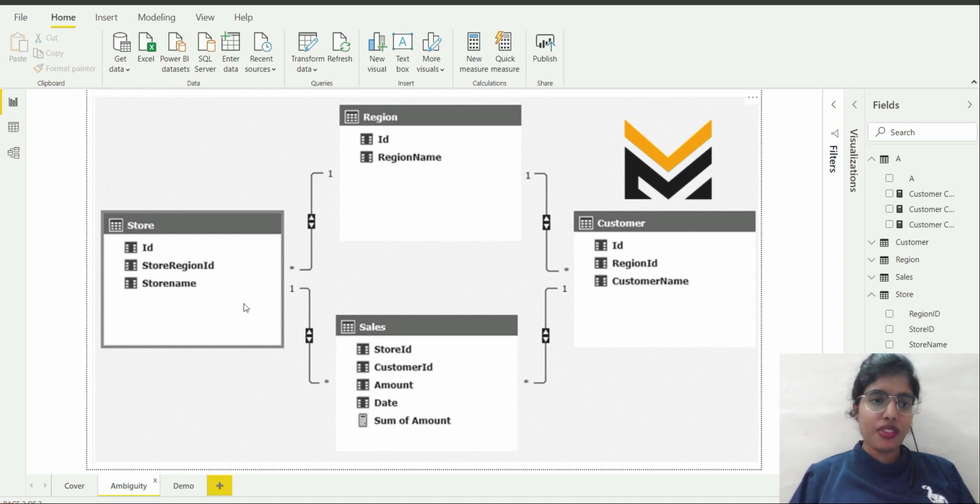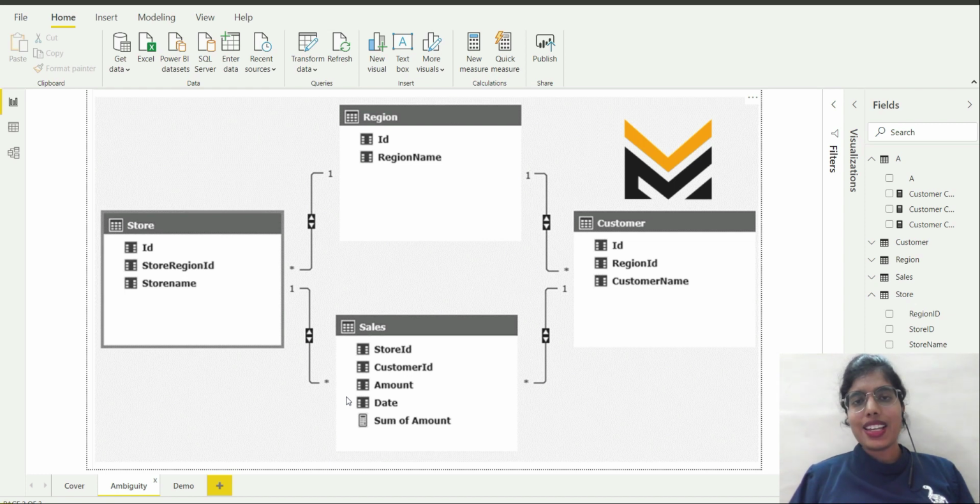Why? Suppose again the store name is sales one and the ID of that store is one only. It starts from here, it reaches over here. In the sales table, it is going to filter all those rows which have store ID equal to one. So all those transactions which had happened in store ID 1 will be filtered, and it reaches over here and obtains the count of all those customers which have the same customer ID as that of the rows that were filtered.